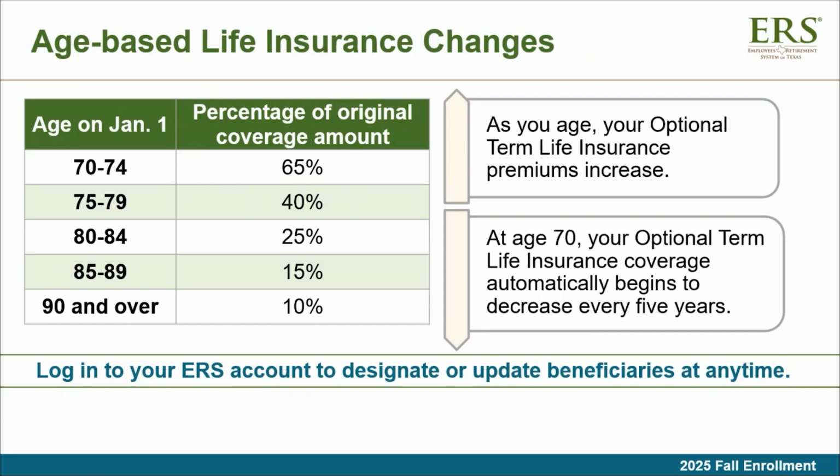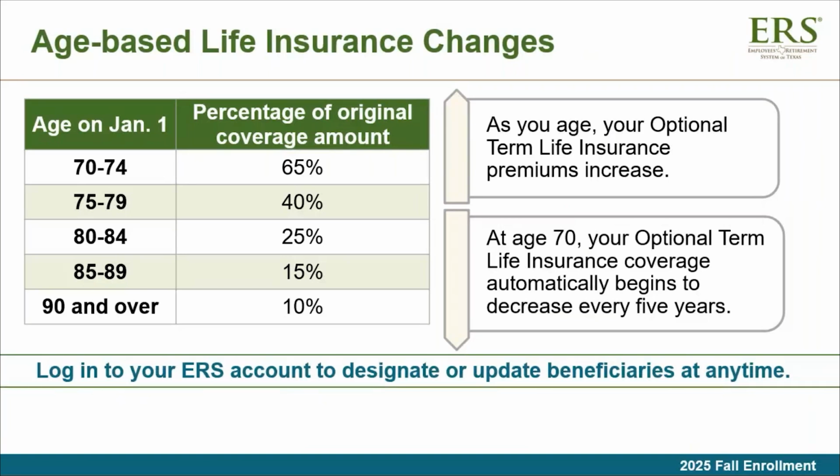Now we do want to point out to double check or look at your beneficiaries, look into your ERS online account. If you're a retiree with the state of Texas, that means that you're getting a monthly benefit from us. You would have designated beneficiaries for that. But sometimes people forget that they also have a life insurance policy with us.